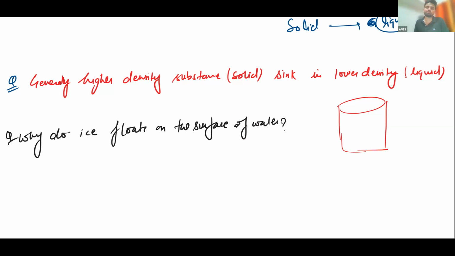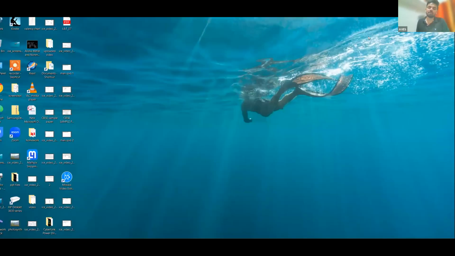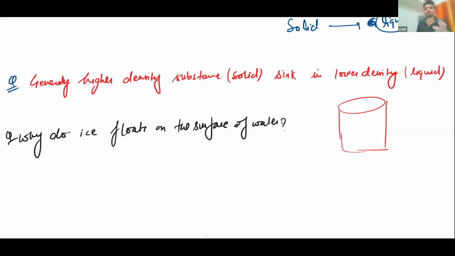So let me show you that. First, let me explain what density is. Density is the particular mass of a substance kept in a particular amount of space. For example, suppose I have this cube, with dimensions of 1 centimeter length, 1 centimeter breadth, and 1 centimeter height.